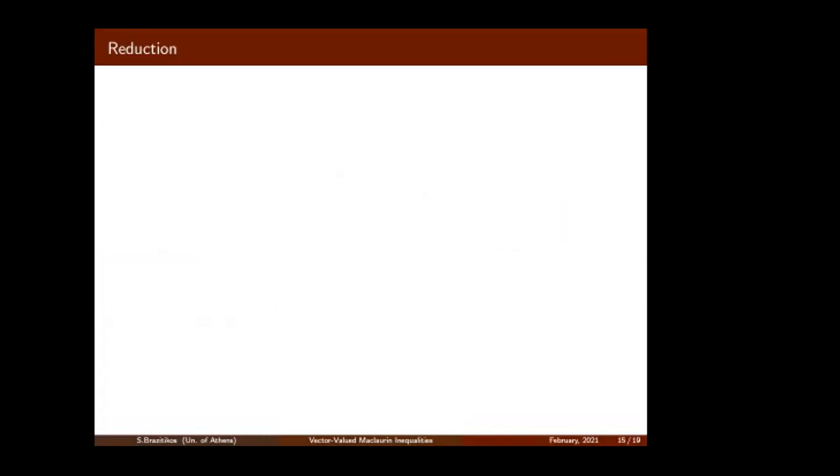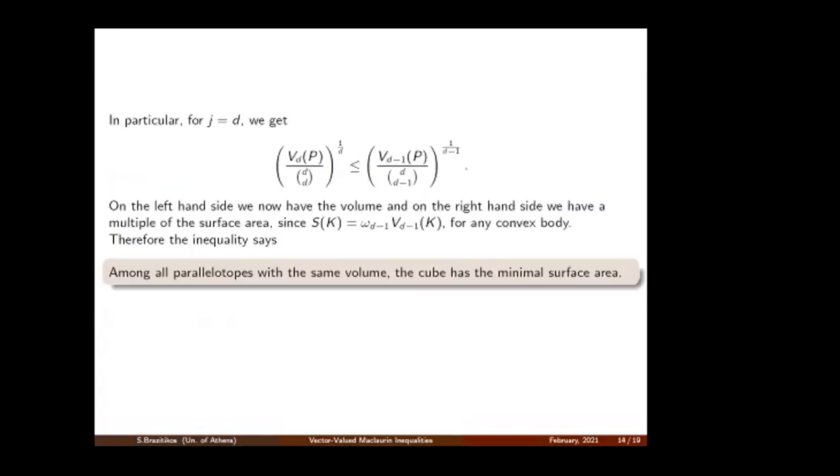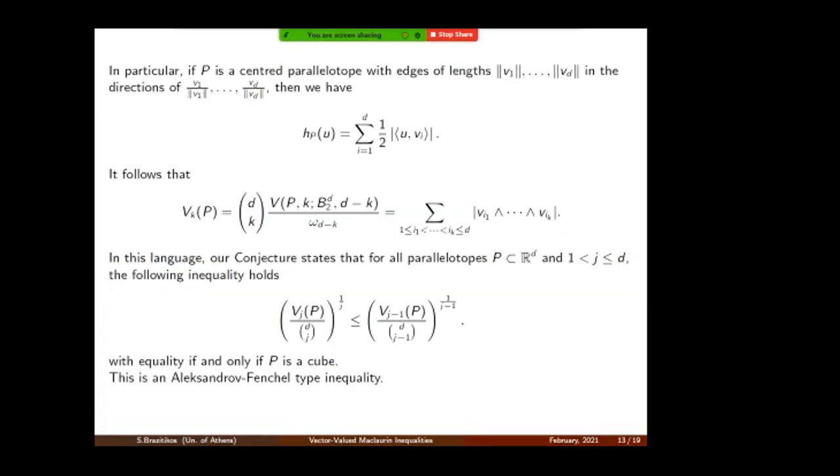Okay, and let's see now what else can we say? As I said in the beginning, our proof gives this result of Hadwiger with another proof, but we are also able to prove other non-trivial cases, like comparing the third with the fourth mean and the second with the third one.